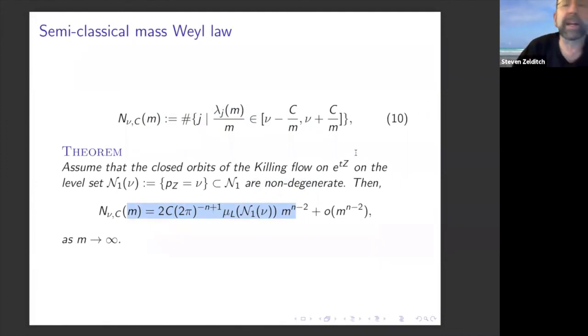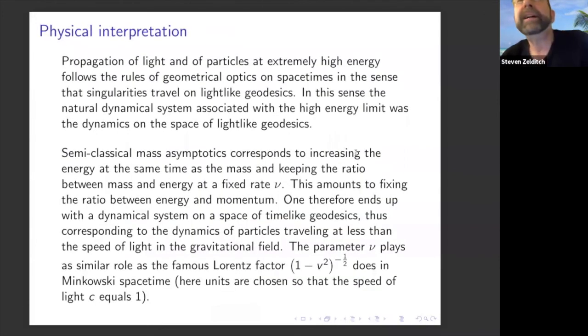So I know I'm running out of time, and so I'm just going to make one more slide. What is this kind of semi-classical problem? Propagation of light and particles at very high energy follow geodesics. They follow null geodesics.